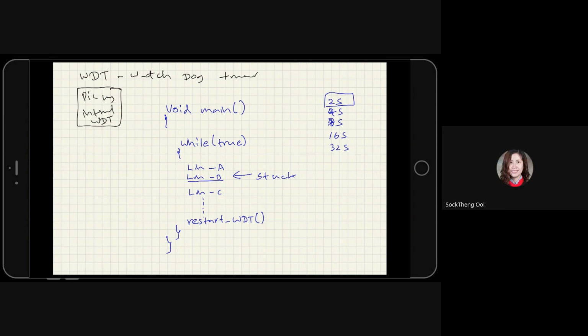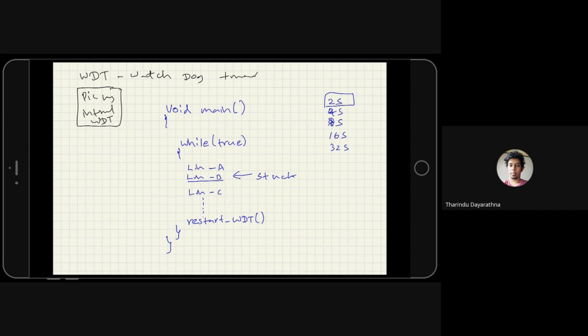Okay, understand. So this is the internal watchdog timer. What if that watchdog timer also got stuck? It can happen when a single event latch-up case happens.